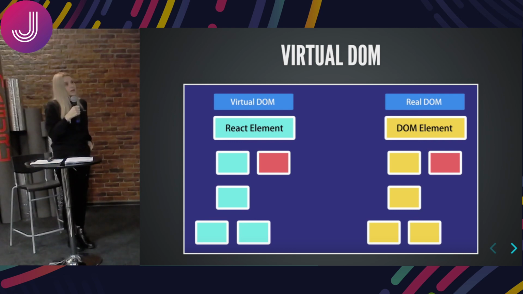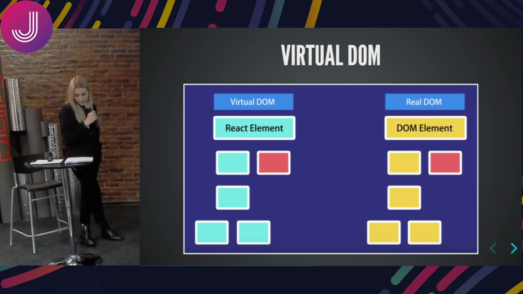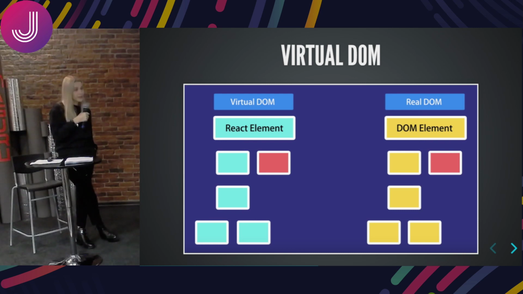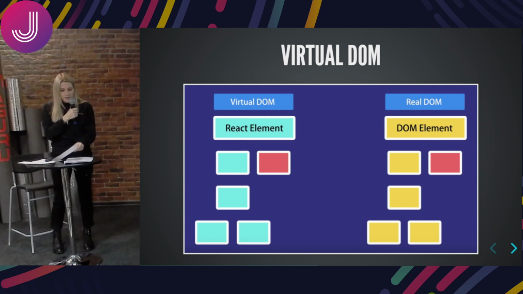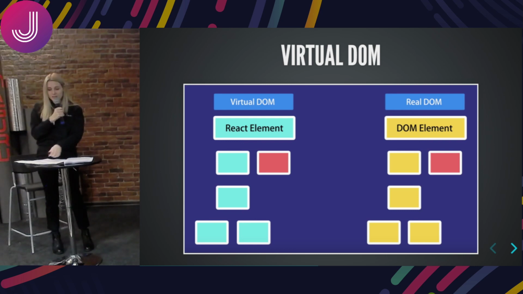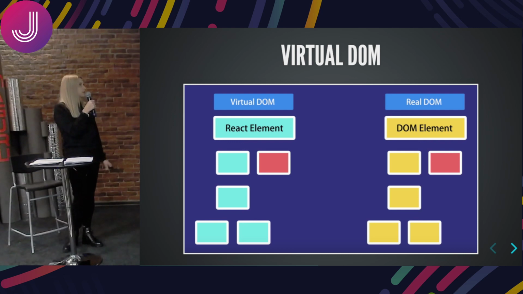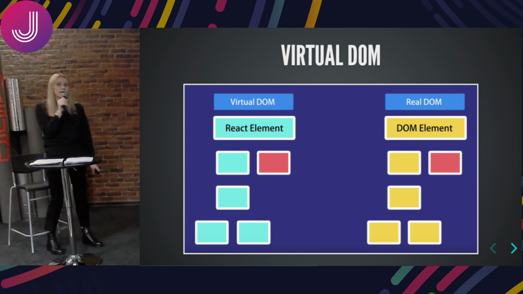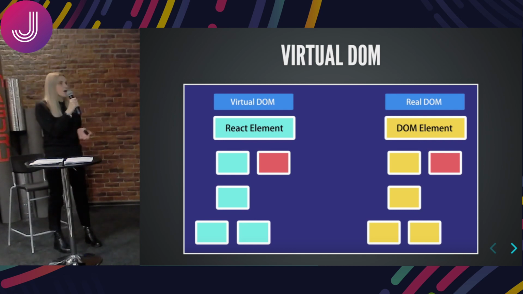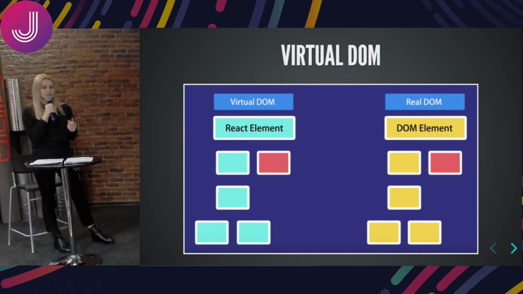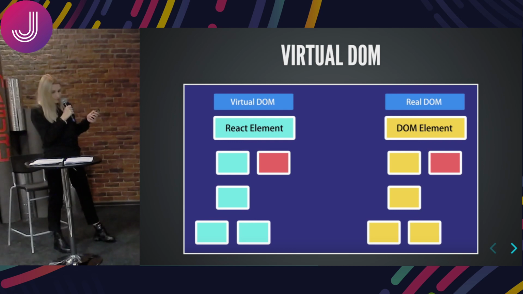That means that we no longer have to query or manipulate the DOM or attach event handlers. We just change the state of our component, and then React updates the DOM. And that is why this library is called React, because when the state changes, React essentially reacts to the state change and updates the DOM.